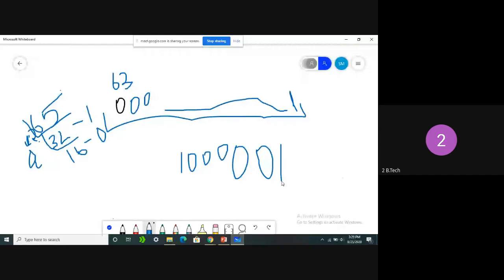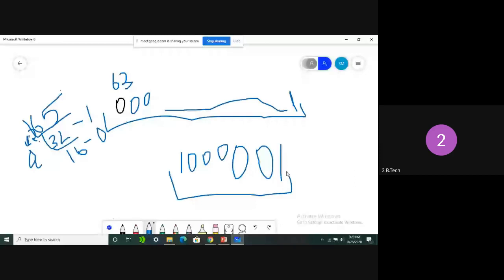If you click on A, the processor will take it as 1000001. If it is a 7-bit processor, it will take bits like this. If it is an 8-bit processor, it will take 8-bit length, like this, 01000001.